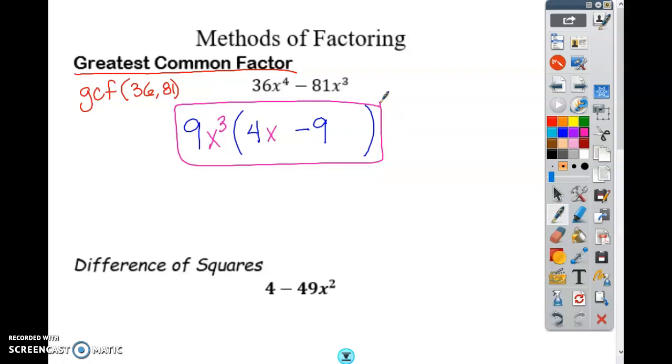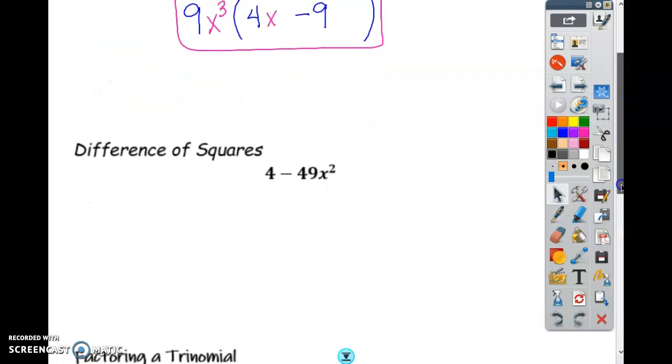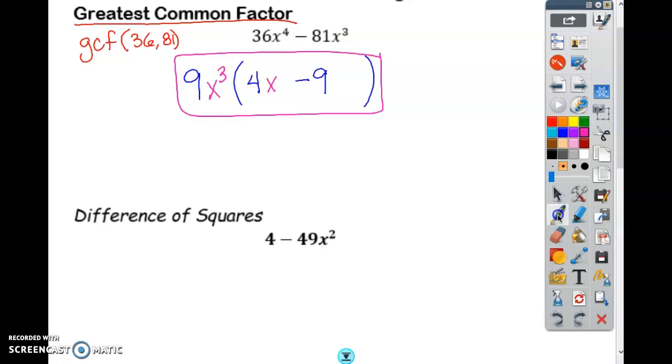All right? Let's do difference of squares. This is the one that everybody liked from yesterday, right? Difference of squares. There's a minus, and these are squares, just like we did yesterday. So you're going to take 1 plus and 1 minus, right? What's the square root of 4?